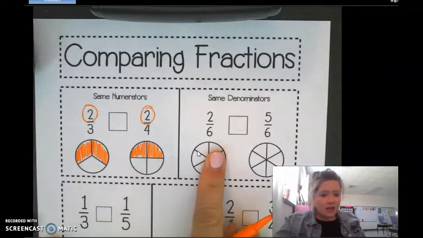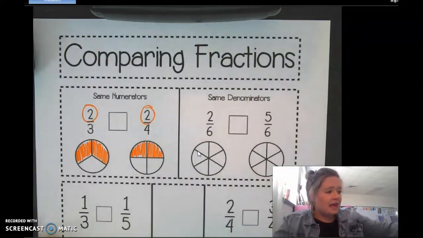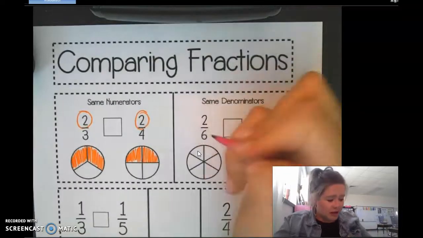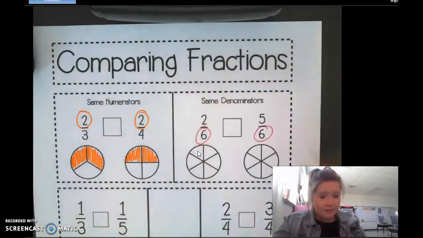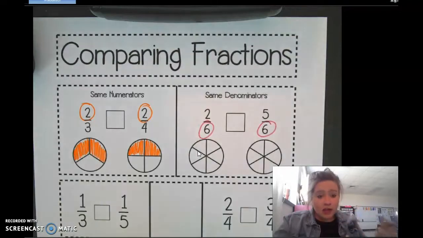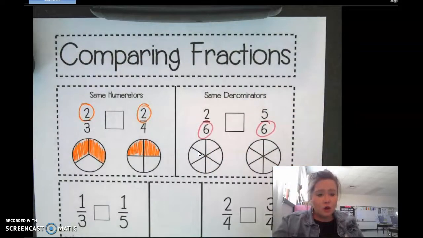All right, and then this one, we're going to have the same denominators. And who can tell me what the denominator represents in your problem? Good, your denominator represents the total number of parts in your whole.